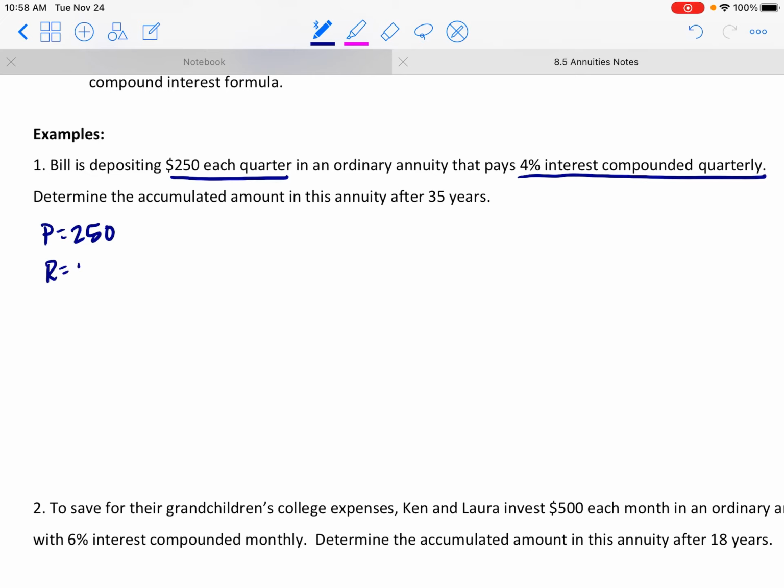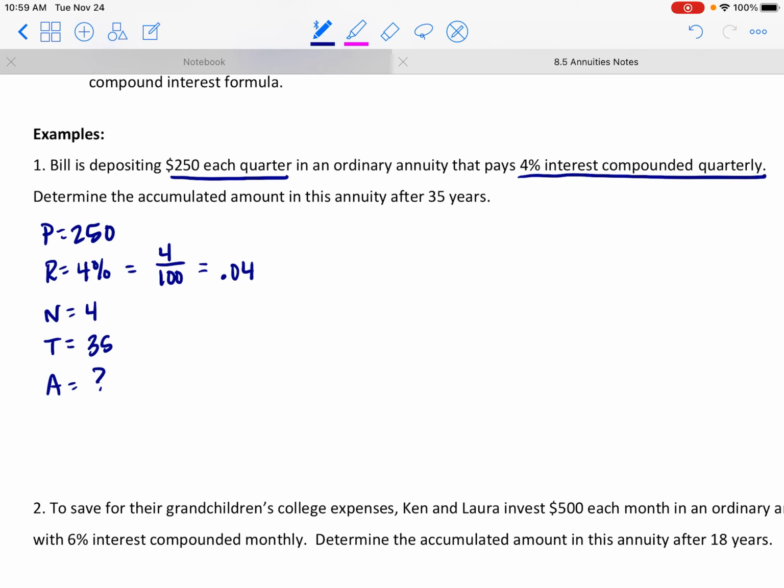It says that our rate is 4%, and remember 4% translates to 4 out of 100, so I'm going to plug in 0.04 as the decimal, and it's compounded quarterly. Payments are made quarterly, so we know N is going to be 4 for quarterly, and the time for this investment is 35 years.